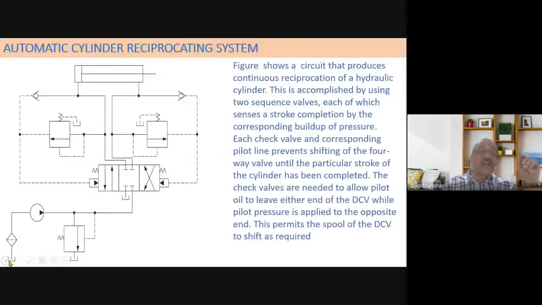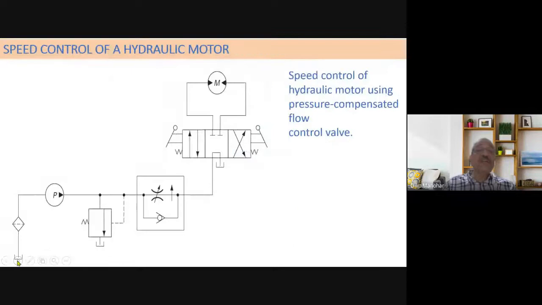We saw this sequencing. Now let us go to the next slide. Speed control of hydraulic motor. This is being done by the pressure compensated flow control valve. That means this design is such that the pump is pumping the fluid through a pressure compensated flow control valve.